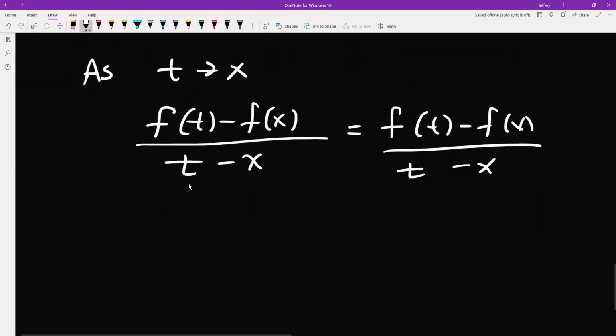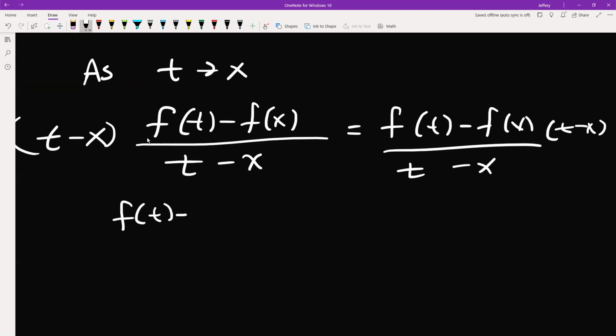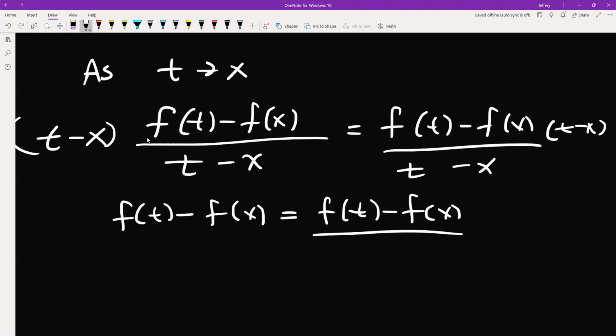So I'm going to use the limit definition of the derivative, because I know the derivative exists.